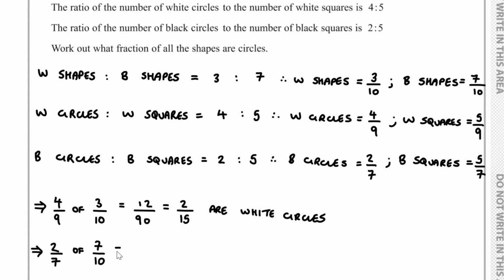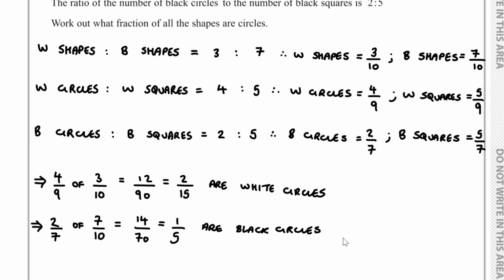Well, if I actually work out what this is, I've got 14 over 70, which is 1/5. So here, 1/5 of the shapes are black circles.